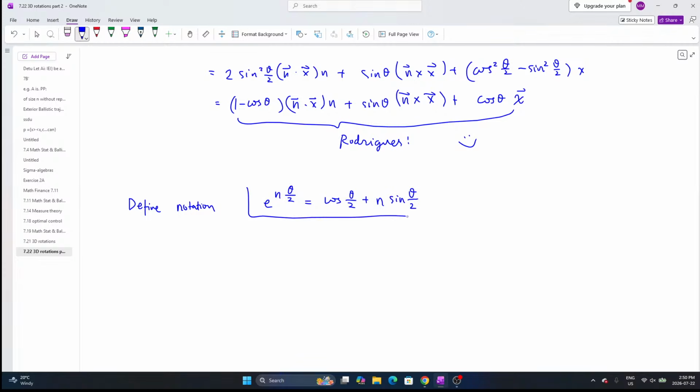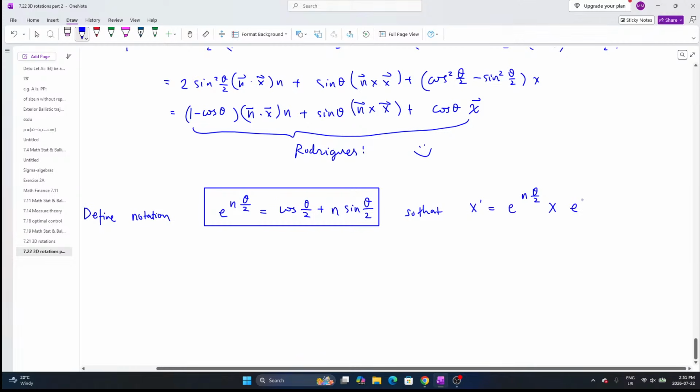Define this notation so that the quaternion rotation formula now reads x prime is e to the n theta over 2 times x, the original quaternion, and then times e to the minus n theta over 2. Okay, n is the vector, by the way.